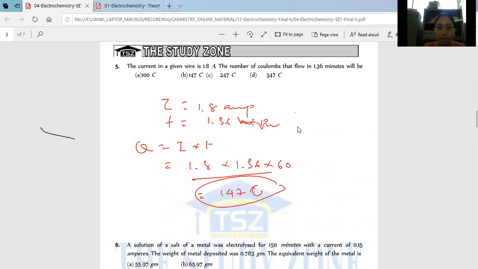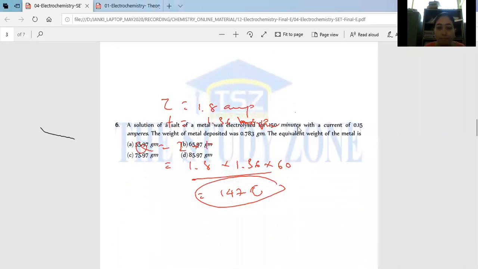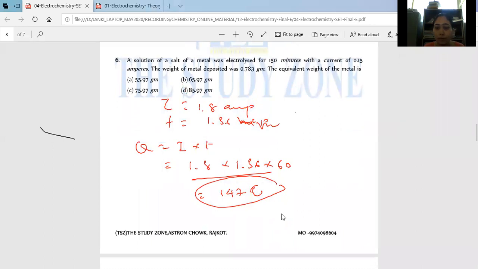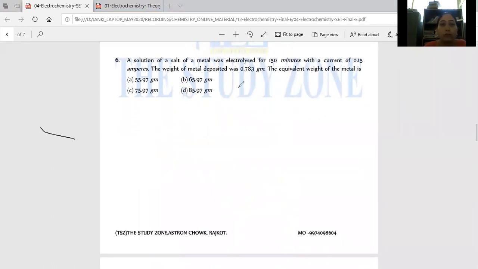Now the next one, question number 6. A solution of salt of a metal was electrolyzed for 150 minutes. It means time is given, 150 minutes, with a current of I equal to 0.15 ampere.